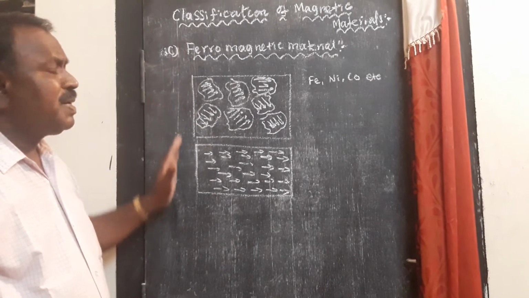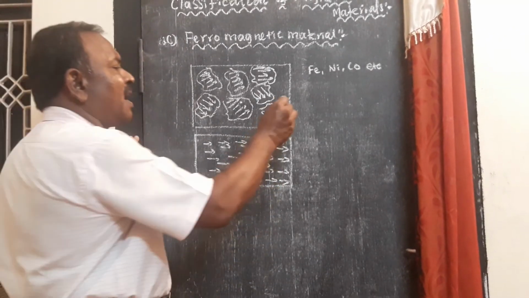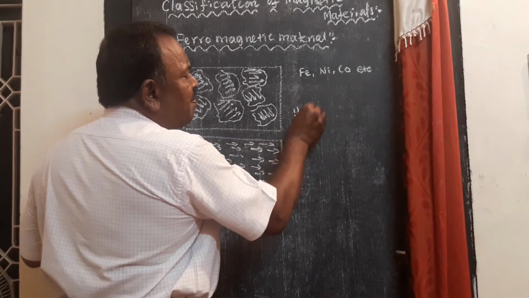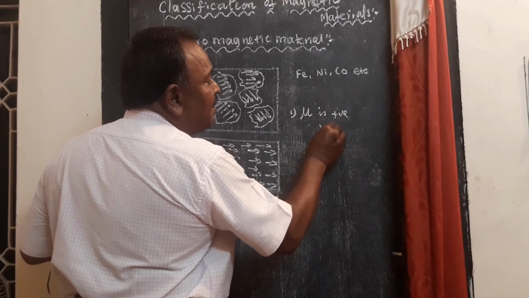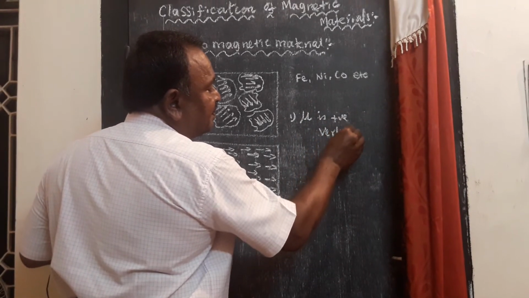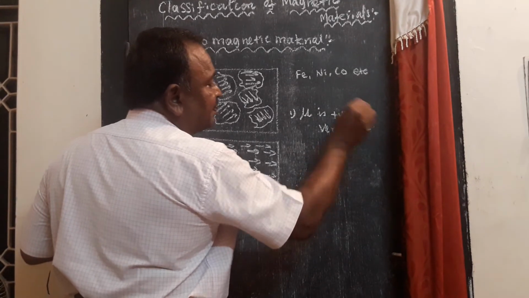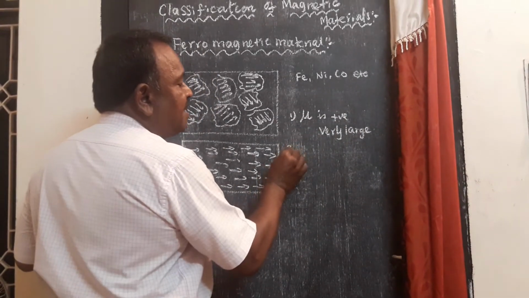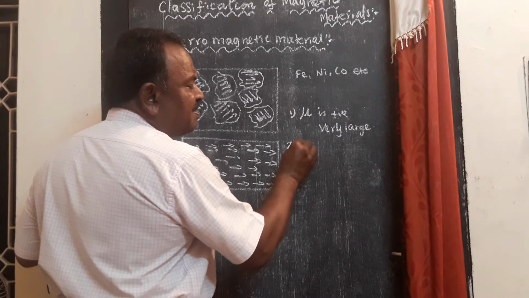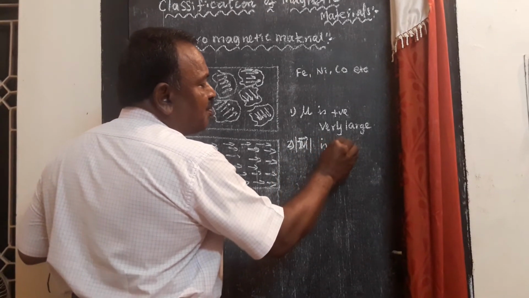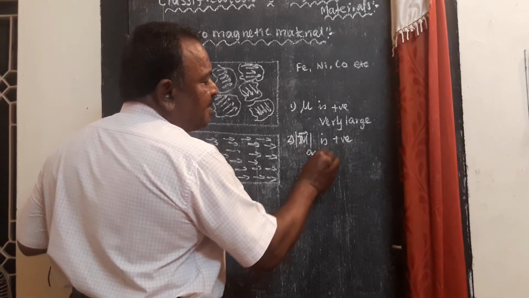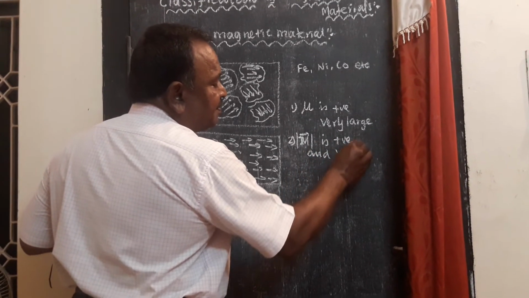So what are the properties of ferromagnetic material? As we saw earlier, permeability is positive and very large. Intensity of magnetization is also positive and very large.